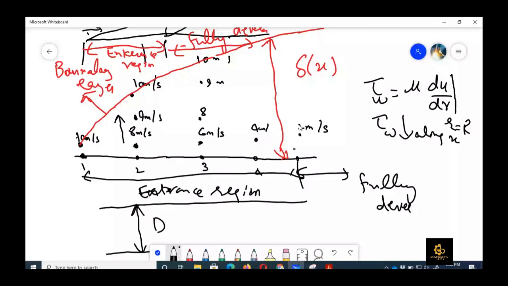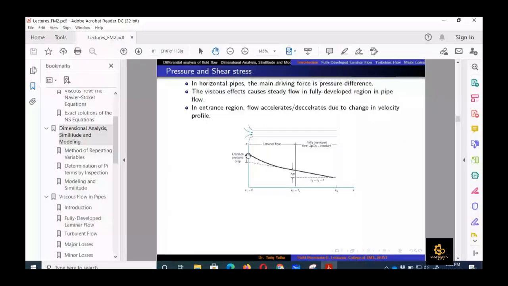Because tau omega is maximum at the entrance region, the retardation force, or the resisting force, is maximum at the entrance. So to drive the flow against that maximum resistance, the pressure drop would also be greater. You can easily see that the pressure drop in the beginning is very high, and then the slope becomes almost constant in the fully developed case.